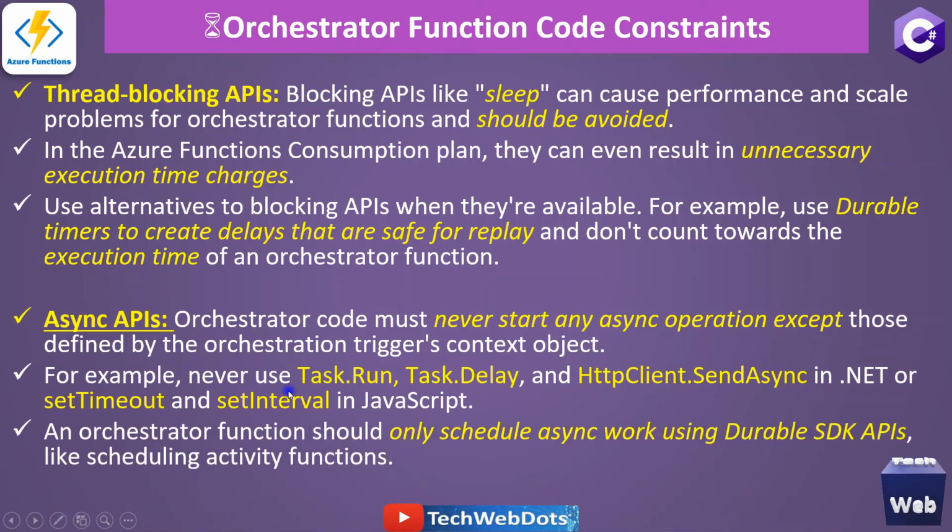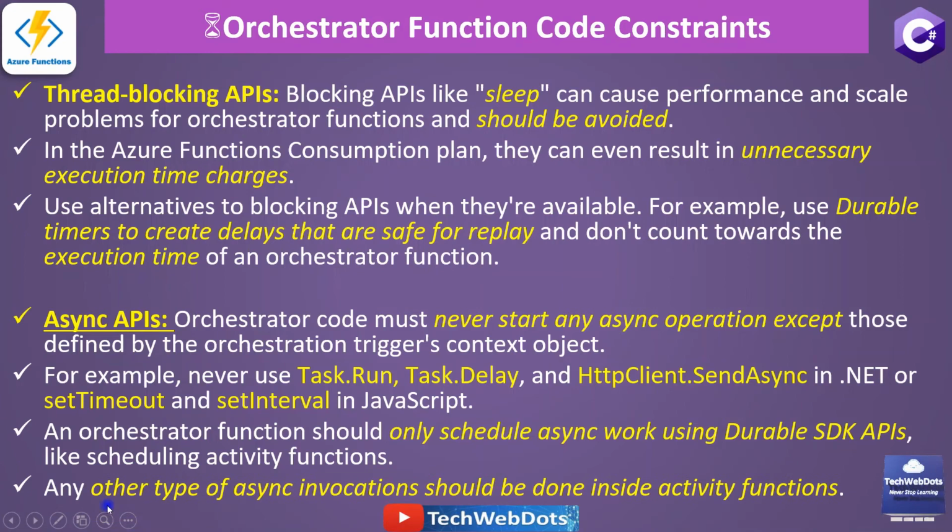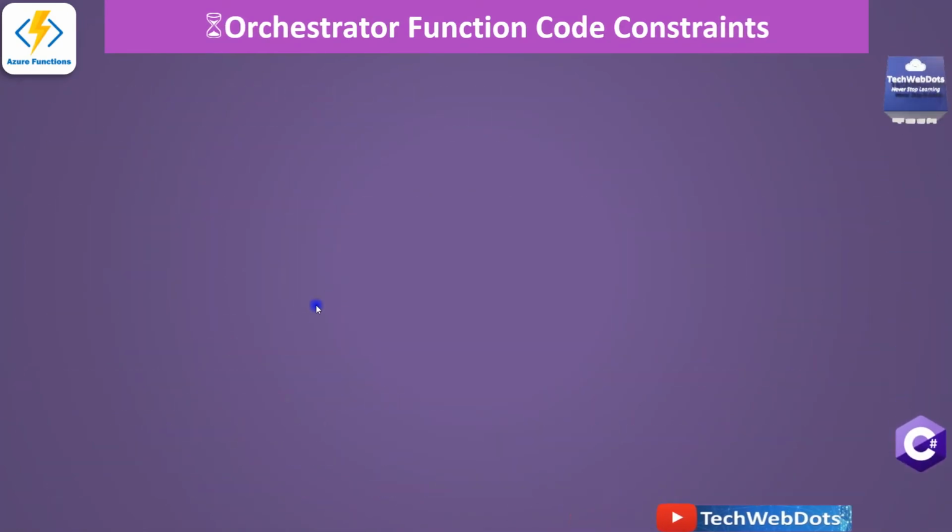So these are the points that you should take care of when you are writing an orchestrator function. An orchestrator function should only use async work using durable SDK APIs like scheduling activity functions, and any other type of async invocations should be done inside activity functions, not in orchestrator functions. Okay, so I hope it is clear now.